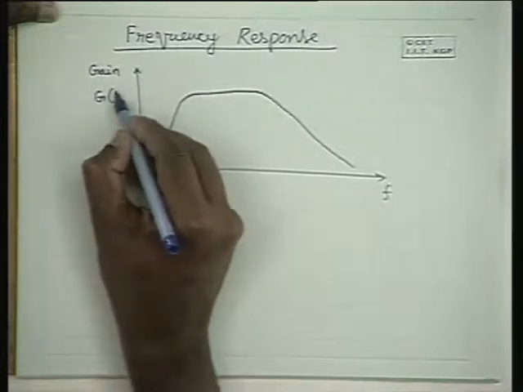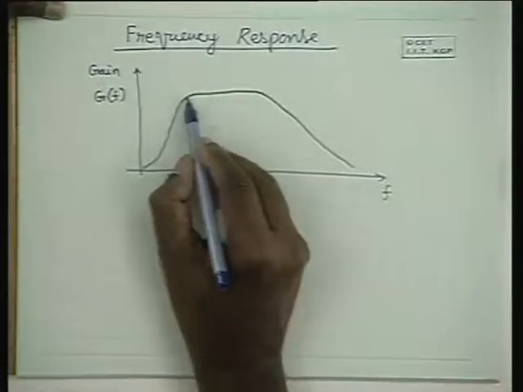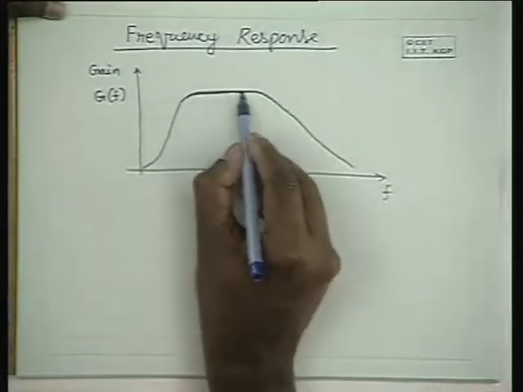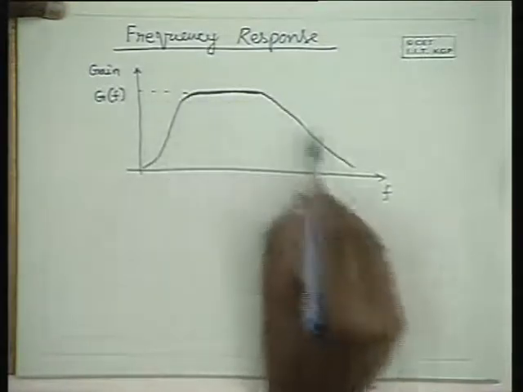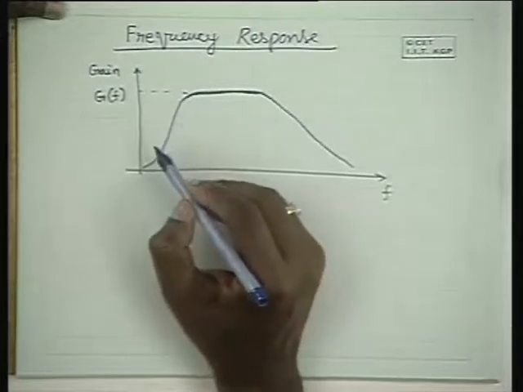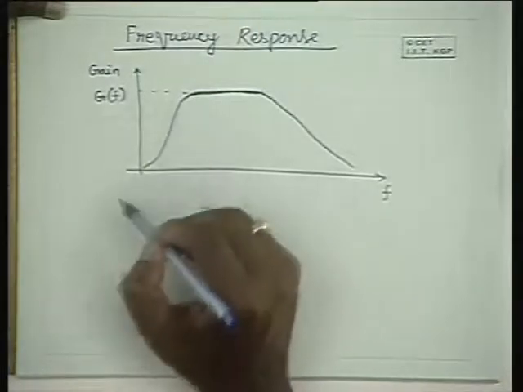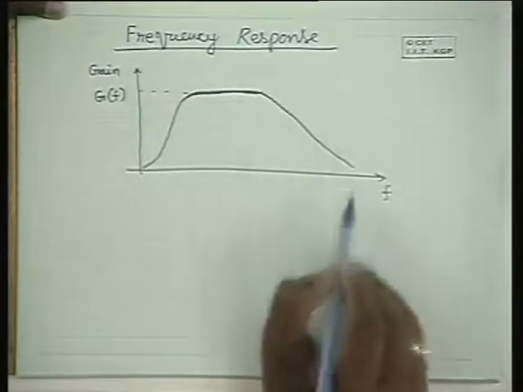So G is no longer independent of frequency. G is going to be a function of frequency. And at the mid-band frequencies the gain is maximum, and at low frequencies and high frequencies gain falls. At low frequencies the coupling capacitance matters, and that's why the gain falls, and at high frequencies the junction capacitances matter, and that's why the gain falls.